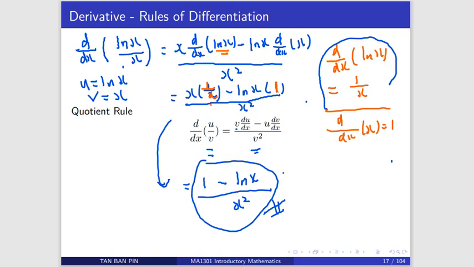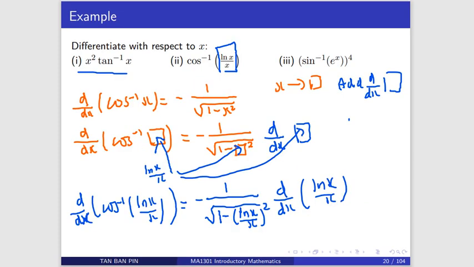So you copy this answer and multiply: the answer is minus 1 over square root of 1 minus ln x over x squared times this.